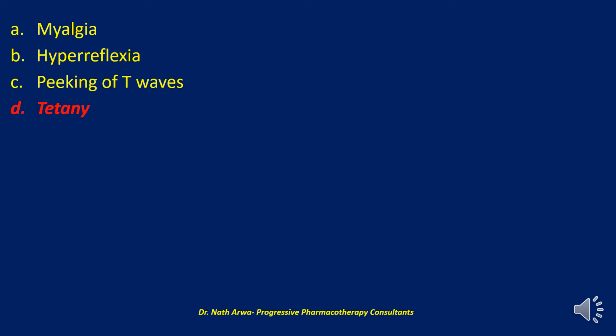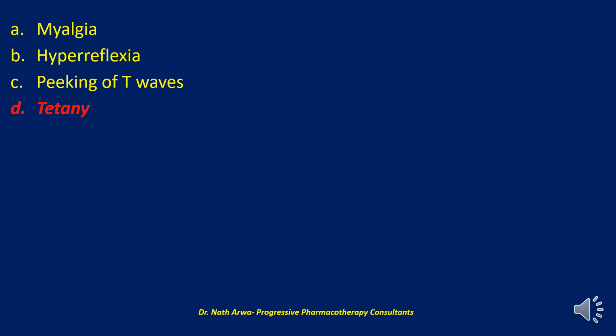Fasciculations and or tetany may be observed in patients with hypocalcemia. Peaked T waves, which is option C on the ECG, are sometimes seen in patients with hyperkalemia, not hypocalcemia, which can cause U waves on an ECG, not peaked T waves. Remember that.